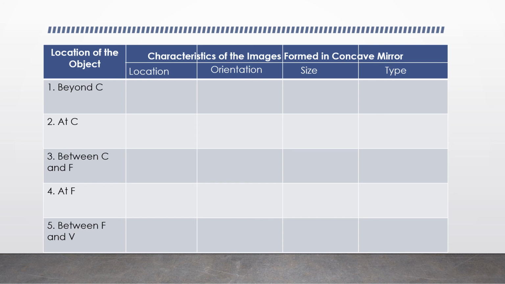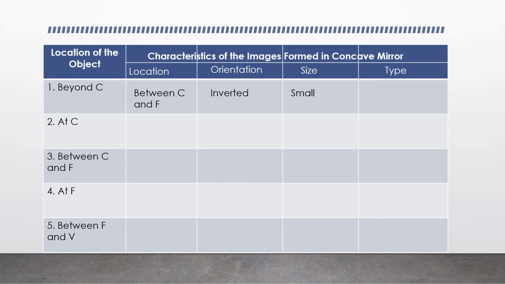Now, where can you find the image formed when the object is located beyond C? All right. The image is located between C and F. What would be the orientation of the image? Okay, it is inverted. How about the size?